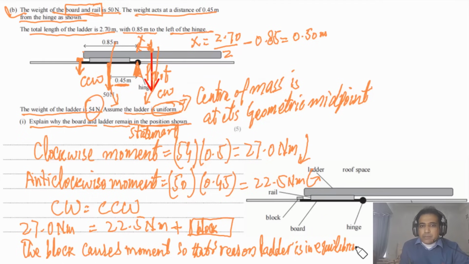This is how we can answer these points. You need to understand that you simply need to calculate the net moment. There is some net moment, but the ladder is in equilibrium. It means that the missing moment has to be provided by the block, because the net moment in this case is clockwise, so the block has to exert counterclockwise moment to balance the net moment. So this is how we can approach this question.